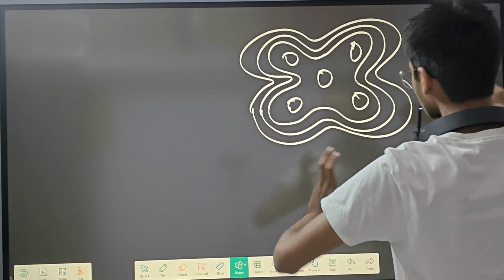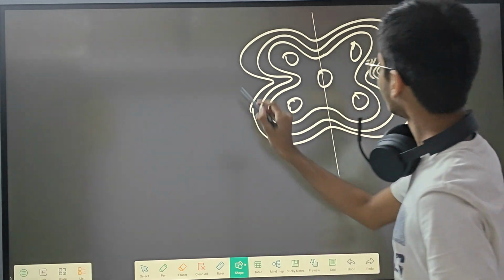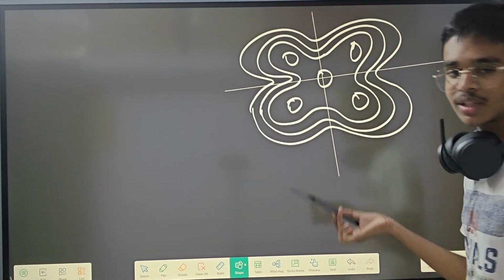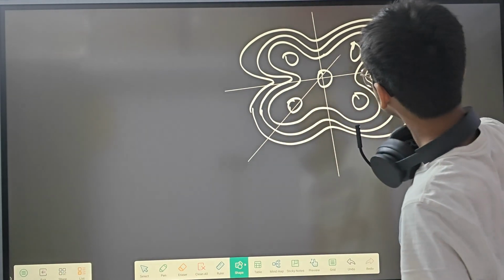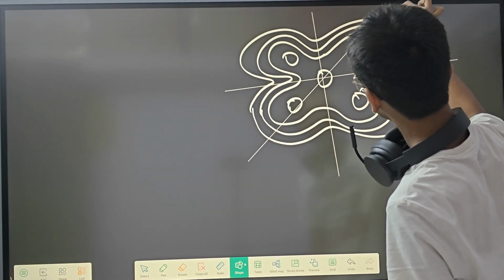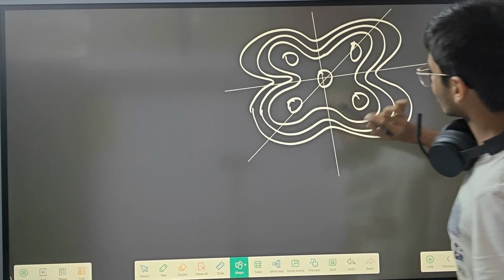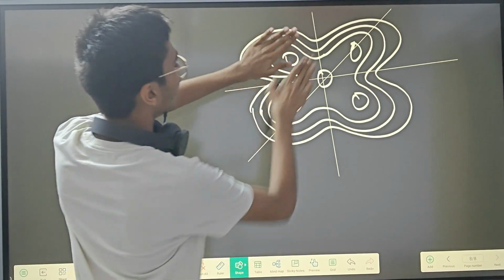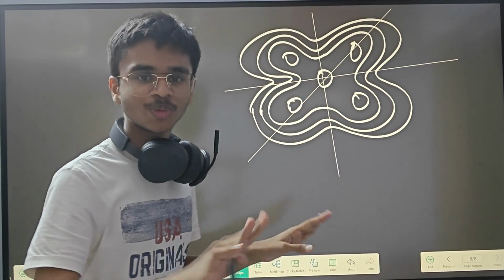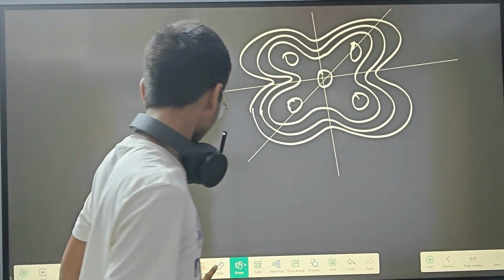Cut like this also and see, this half will be equal to that half. I have not drawn this accurately, but this is symmetric because the two halves are going to be the same.